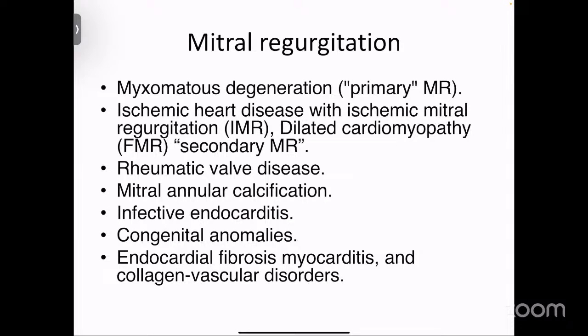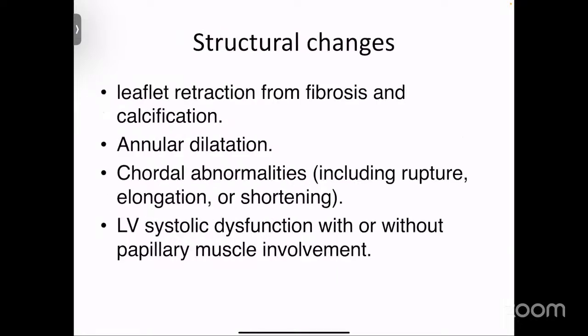The other cause is ischemic heart disease, which is a subset of functional mitral regurgitation. Other causes include rheumatic valve disease, mitral annular calcification, infective endocarditis, congenital anomalies, endomyocardial fibrosis, myocarditis, and some collagen vascular disorders.